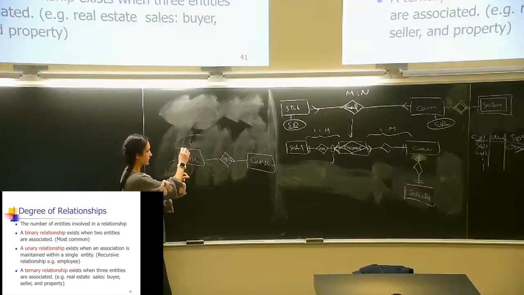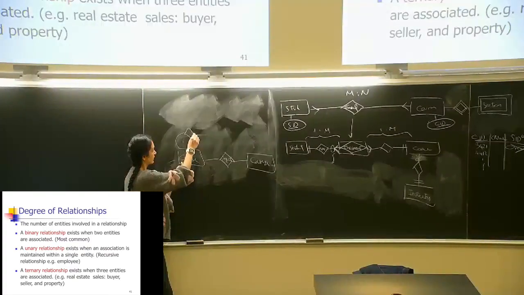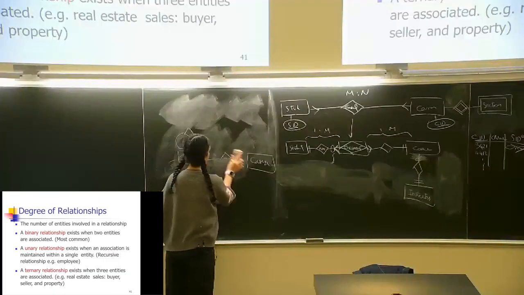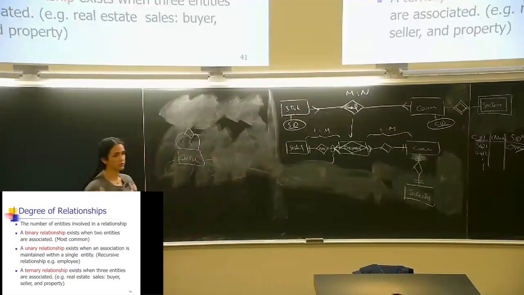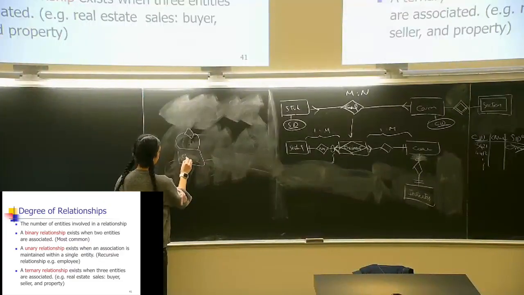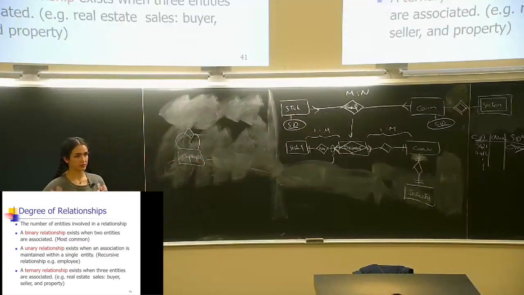Some courses are prerequisites for other courses. And that's what a unary relationship is. Or for example, some employees can supervise other employees. So there is a relationship between instances of the same entity, and that's when you use a unary relationship.